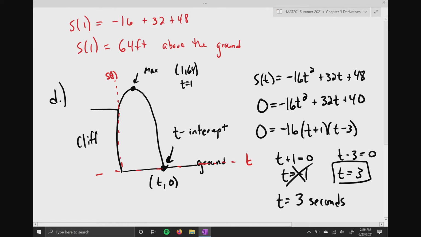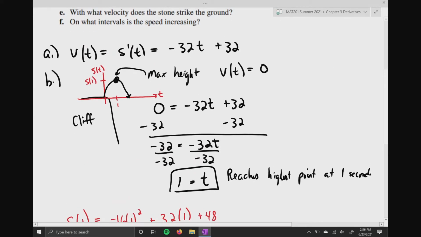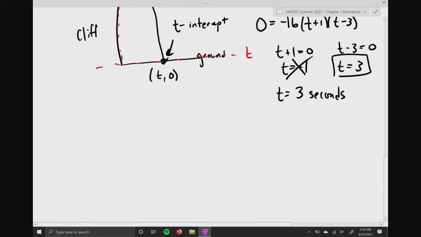So there's part D. Letter E says, with what velocity does the stone strike the ground? Well, that's a really good question. So what we know is it takes 3 seconds for us to hit the ground.